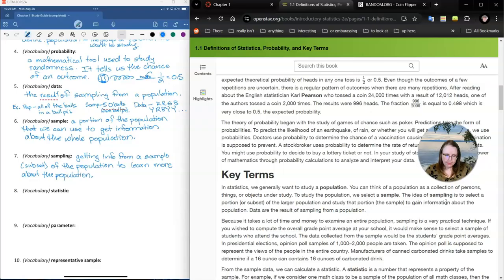So that's a step in inferential statistics. It's taking descriptive statistics from a sample and using them to predict things about a population.